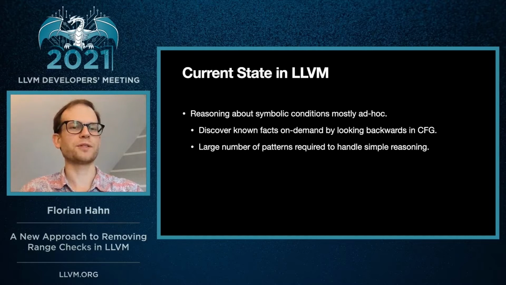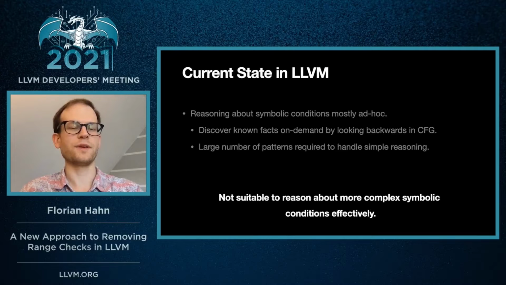While it would be possible to simplify the code in the running example where we needed to combine information from two conditions using the existing infrastructure, it would be very difficult to do so in a way that generalizes well to handle an arbitrary number of conditions. So for those reasons, we started exploring a new path and a new approach to remove range checks more effectively.